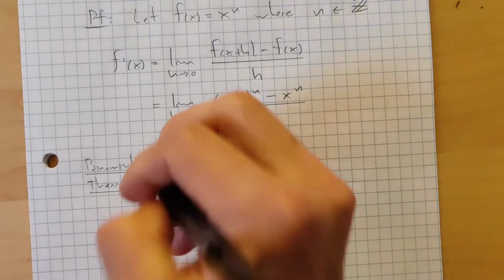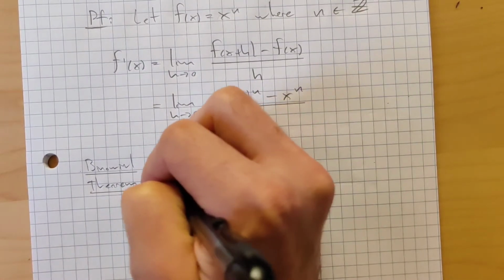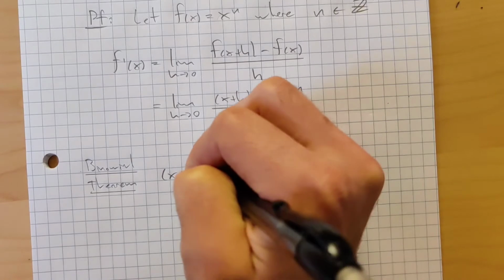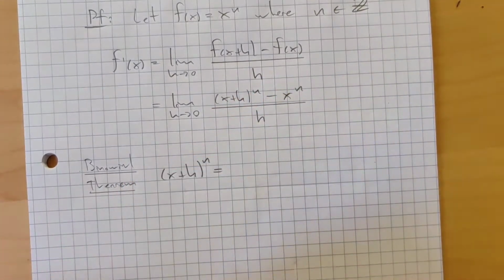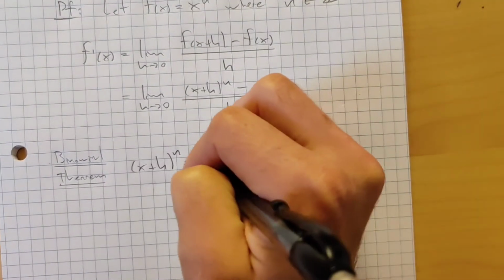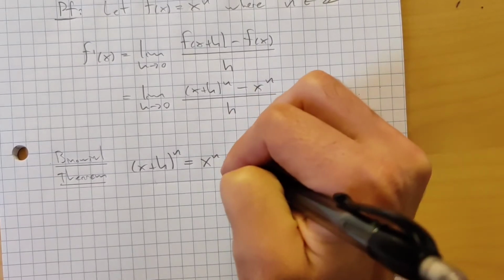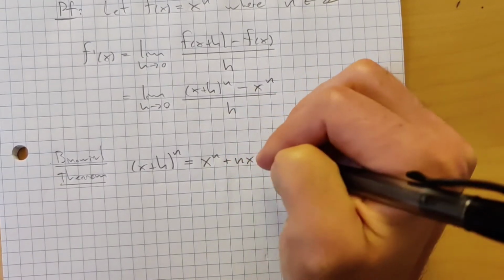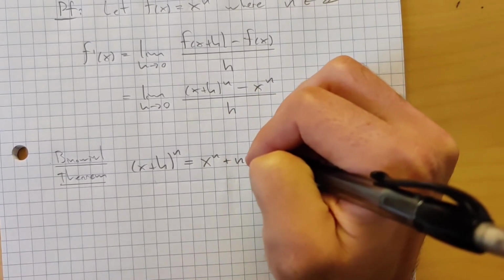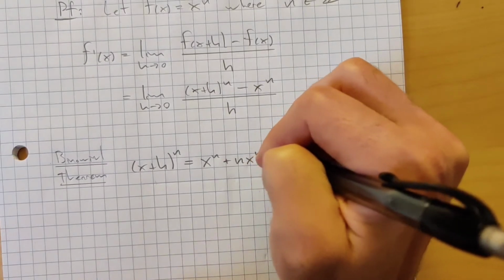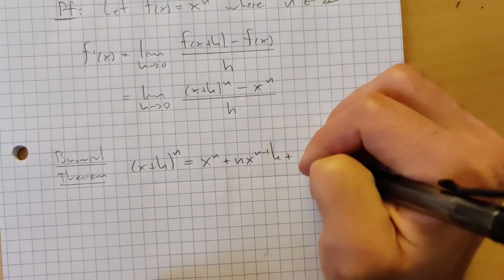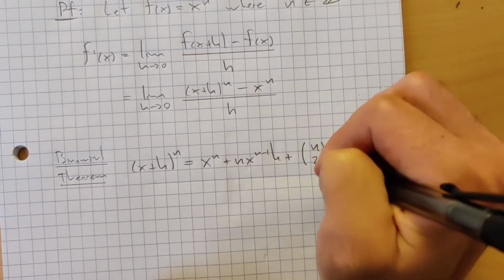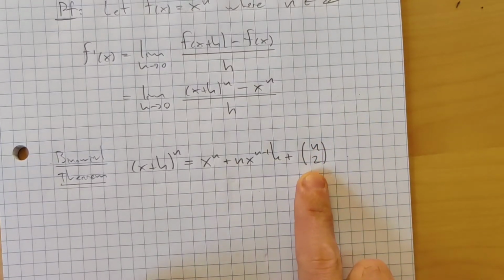So it says that if you do x plus h to the n and you expand it out, what you're going to get is x to the n plus n times x to the n minus 1 times h plus n choose 2. This fancy number is called a binomial coefficient. If you want to know what it is, look up the binomial theorem.